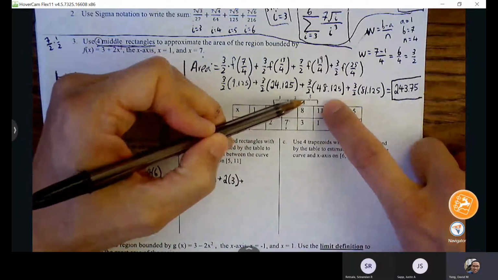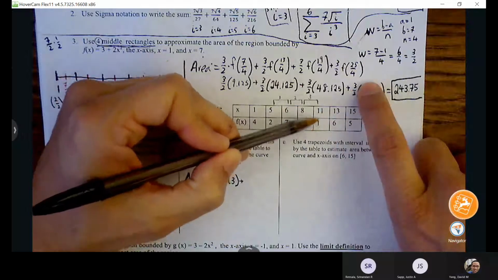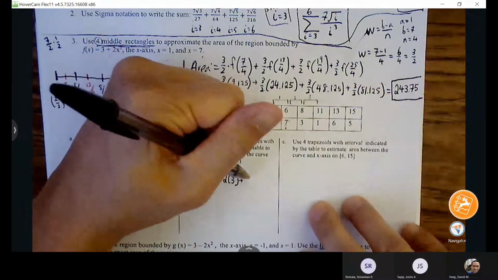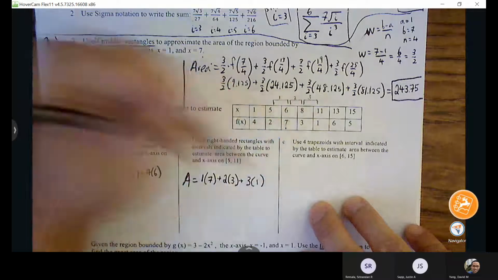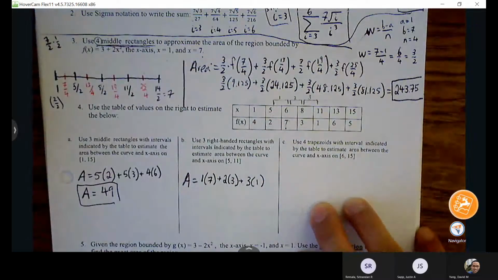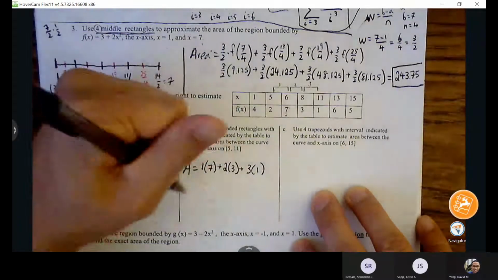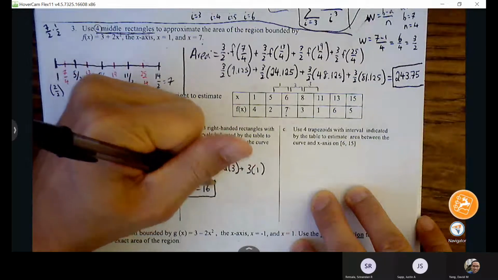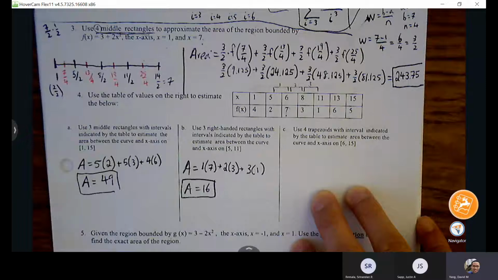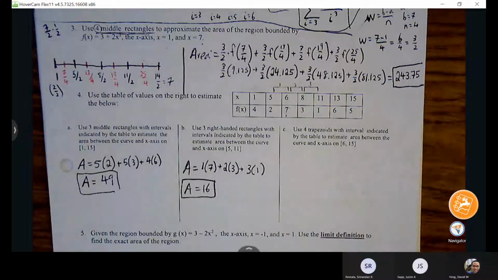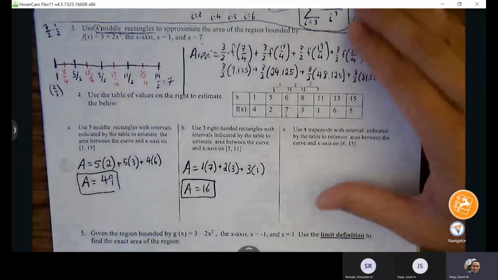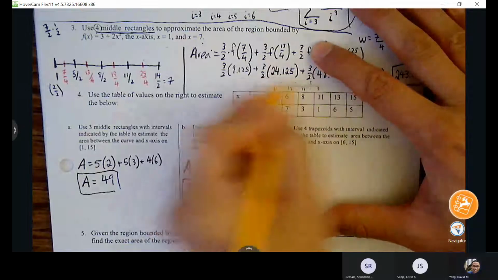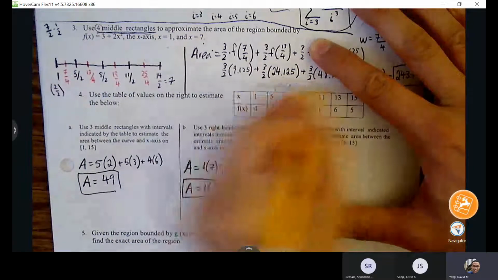Third rectangle, 3 is the width, and 1 is the height. Okay, good so far.